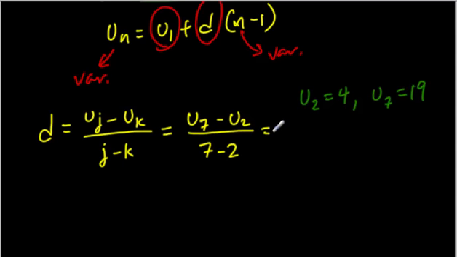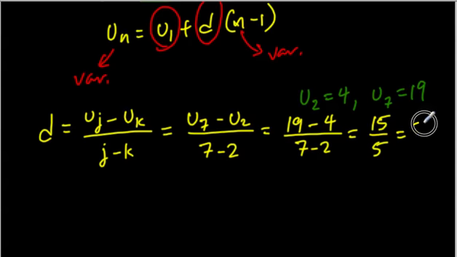So what is this equal to? u7 is 19, so it's 19 minus u2, which is 4, all over 7 minus 2. This 7 came from the subscript over here, and this 2 came from the subscript over here. 19 minus 4 is 15, and 7 minus 2 is 5, so that's equal to 3.